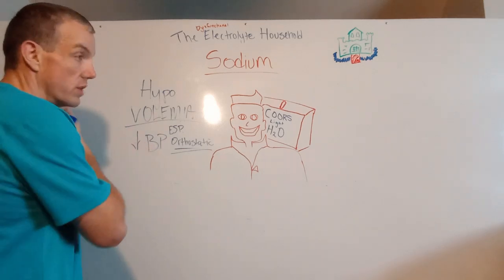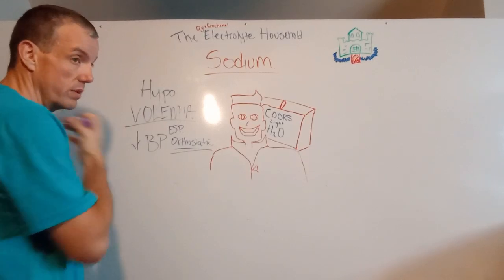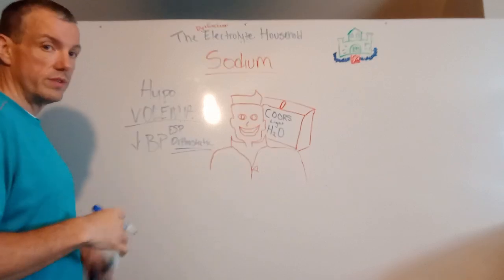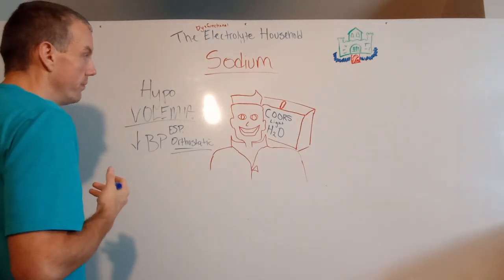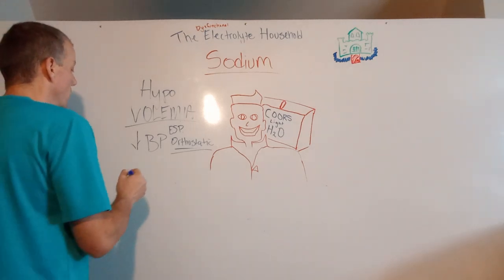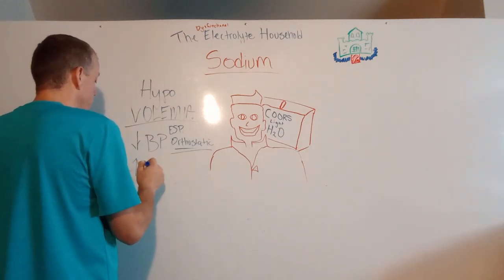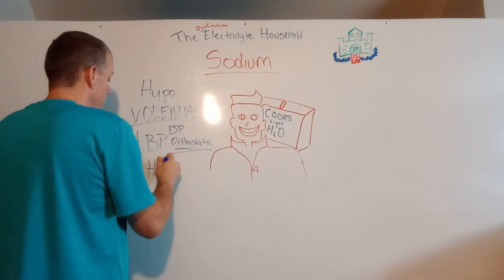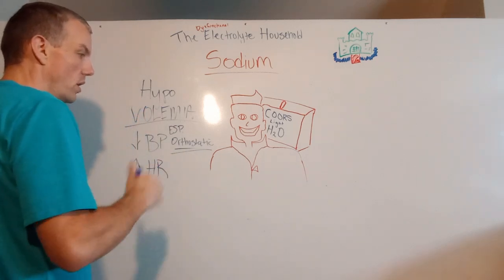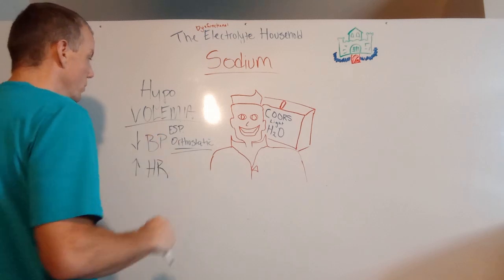The way that your body tries to compensate for this is the baroreceptors in your body say, oh, damn, we don't have enough booze. We start getting a little panicky, getting a little worried that the drinks are running out. And so it starts bumping the heart rate up to try to compensate for it. So preload goes down, but the heart rate goes up to try to make up for that.